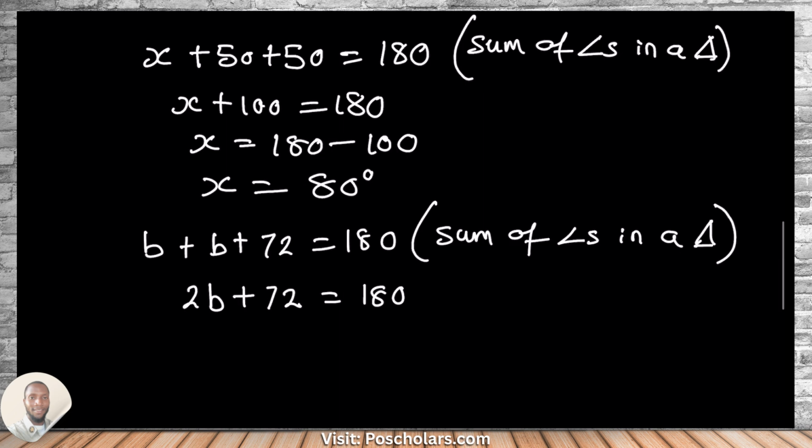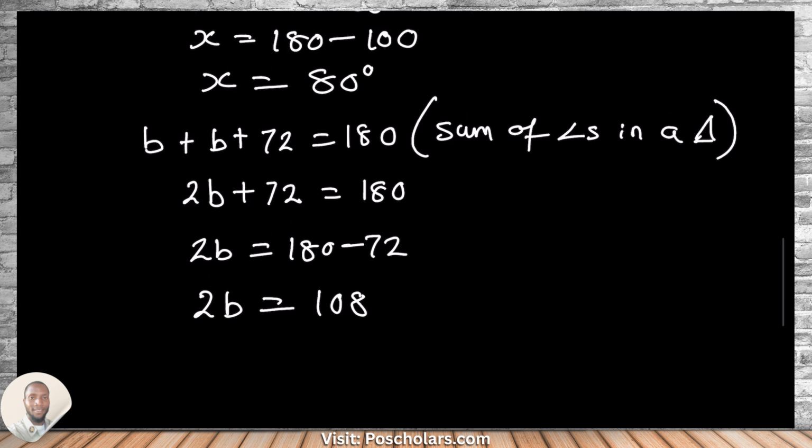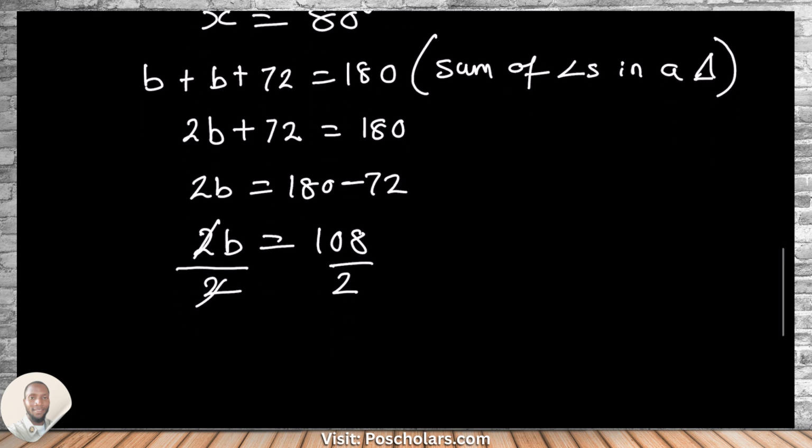Then we have 2B equals 180 minus 72, which gives 108 degrees. When you divide both sides by 2 so that we can be left with B, 2 cancels 2. Then B equals 108 divided by 2. That gives 54 degrees, right? Now we have gotten the value of B as 54.